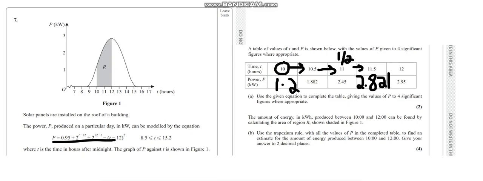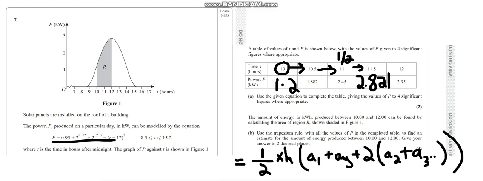And I'll just write the formula for the trapezium rule. We multiply half with the height, and then with the bracket, where y1 is the first value of the power, that's 1.2, and yn is the final value, that's 2.95. And then we add 2 into the values y2, y3 and so on, which are the values between the first and the final values.